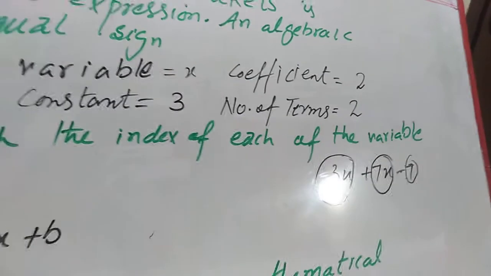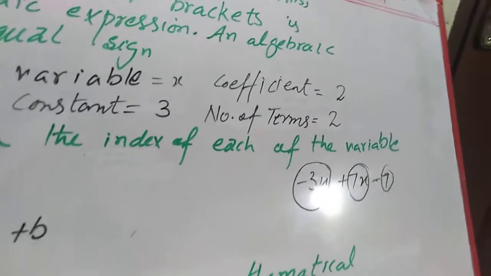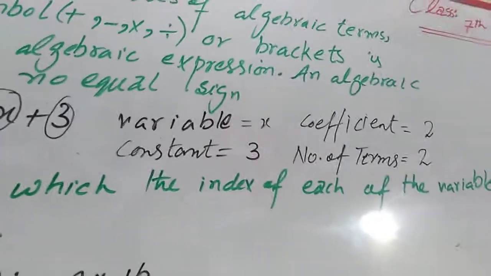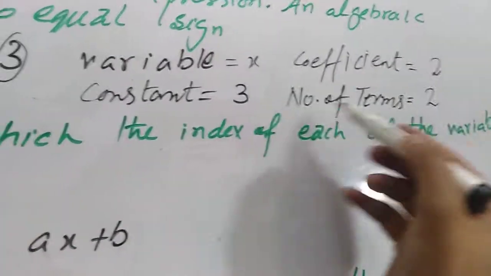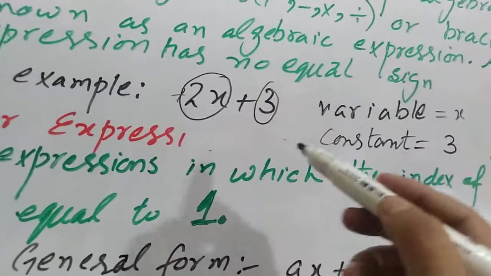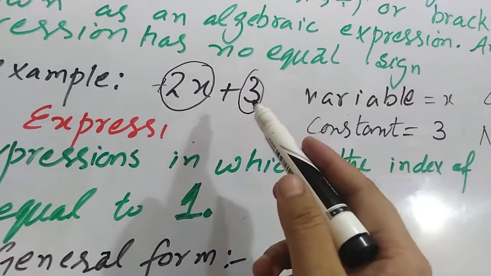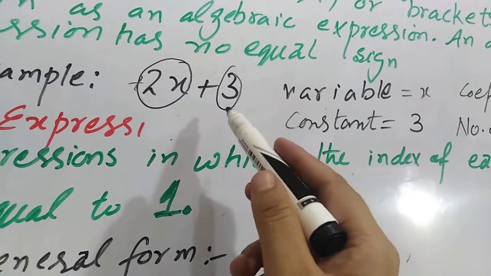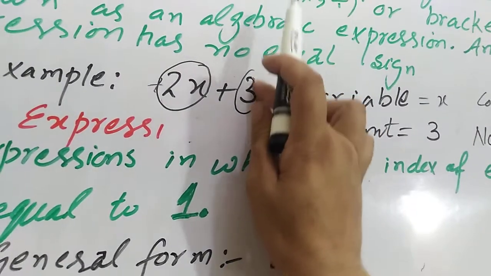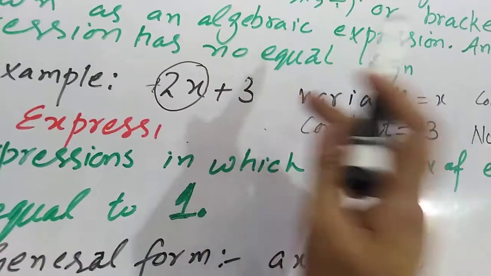Now there might be a question arising in your mind: what is the difference between constant and coefficient? About constant you should keep in mind one thing, that a constant is such type of term of an algebraic expression which has no variable. You can see over here 3 has no variable.